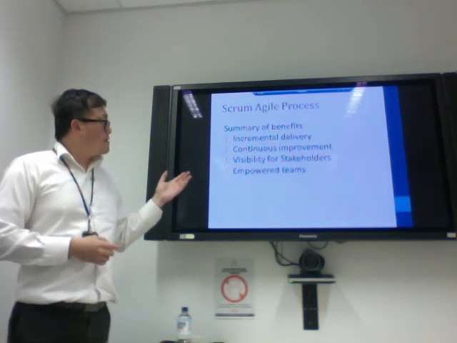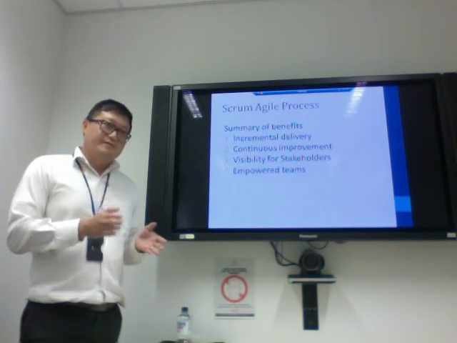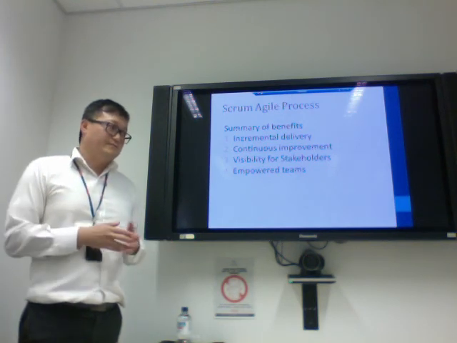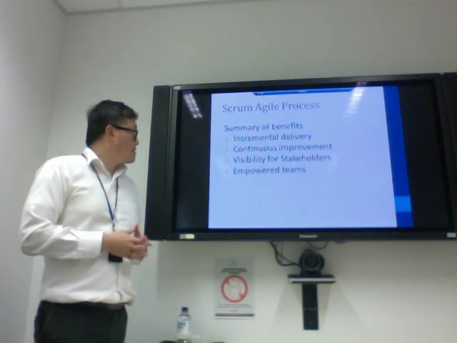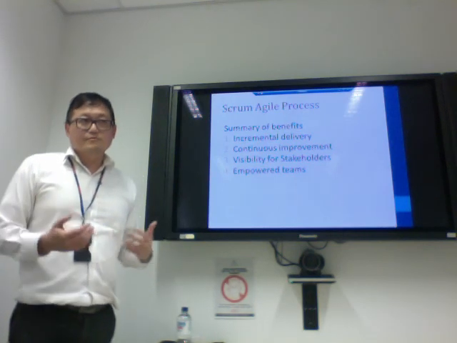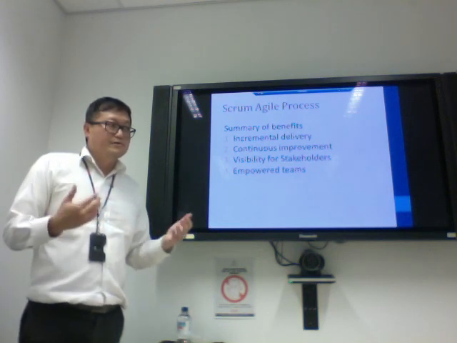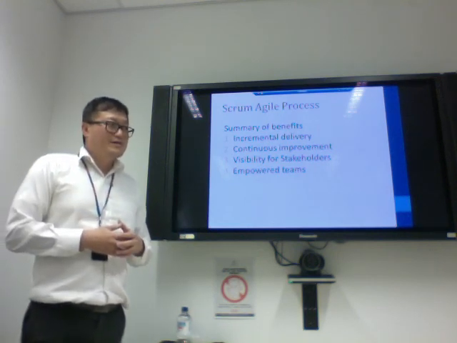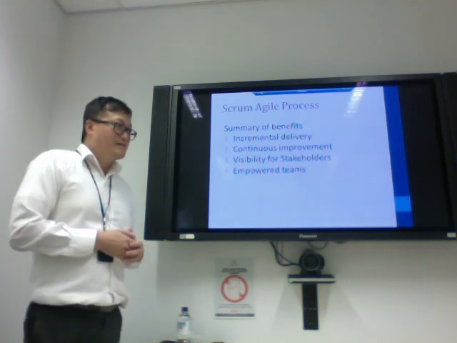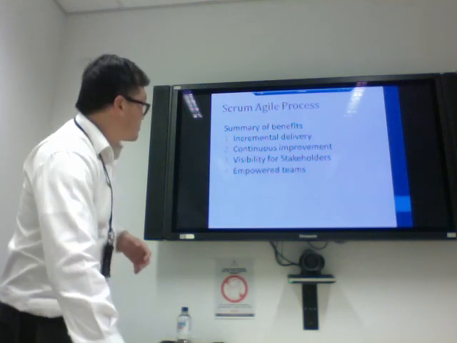We give visibility to the stakeholders because we are engaged with them throughout the project, as opposed to the traditional method. And the teams are empowered. They know the process, they know what to do, so they assign themselves work. There's less supervision from someone in charge. So I think that's the last line I've got.